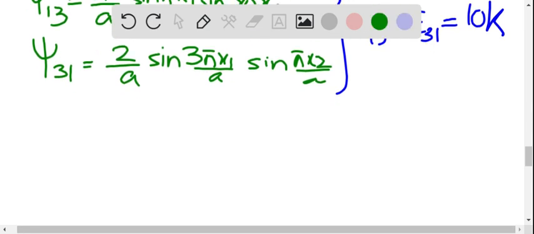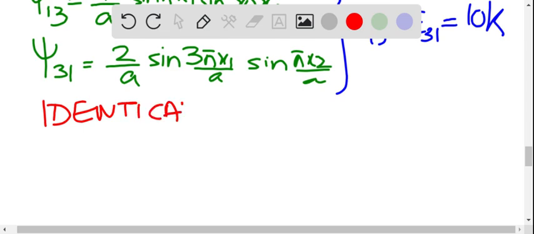Next we needed to find out for the identical bosons, right? So the next part is the identical bosons.